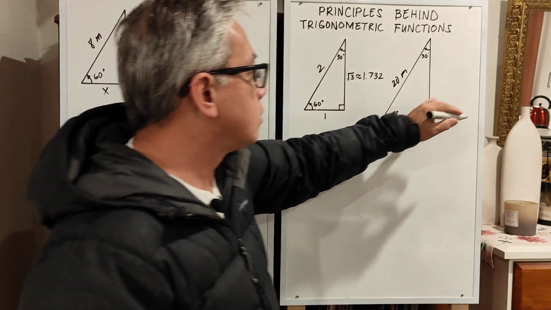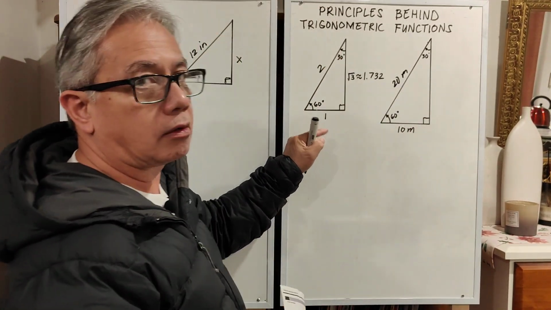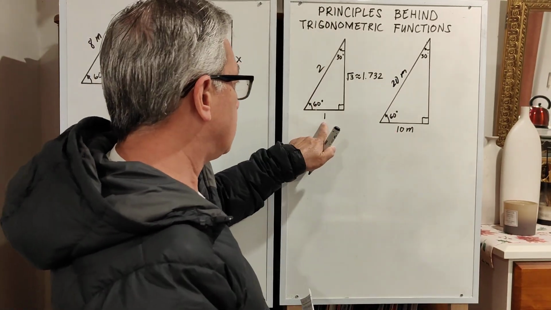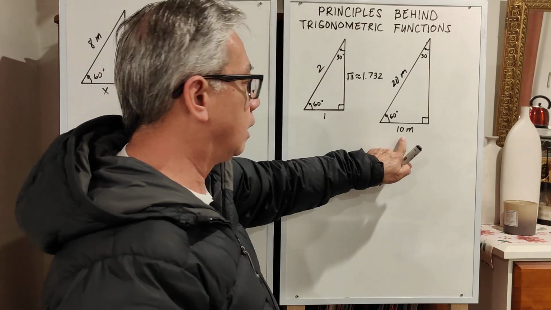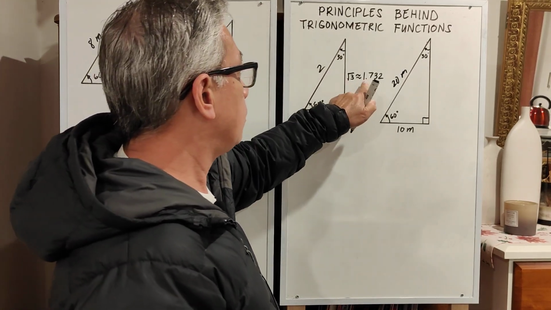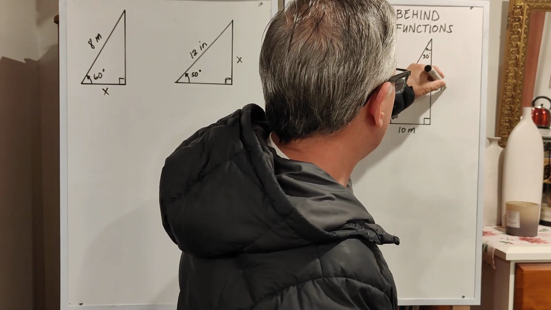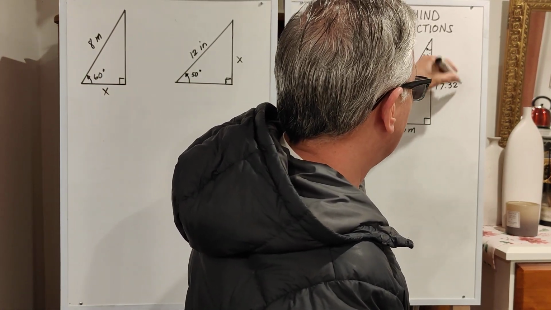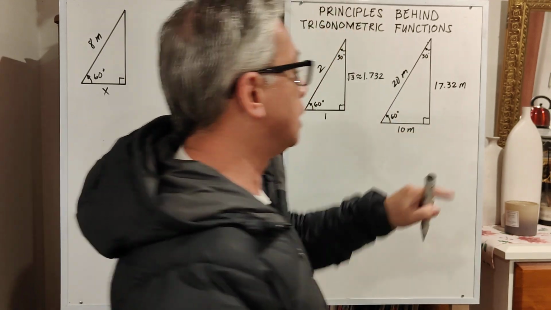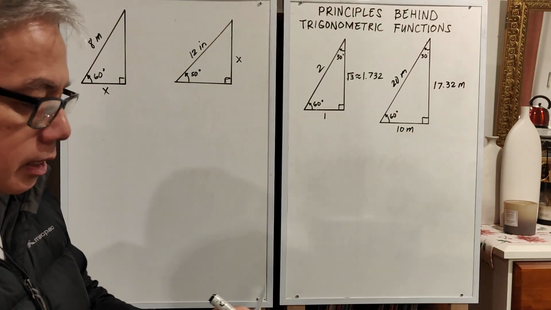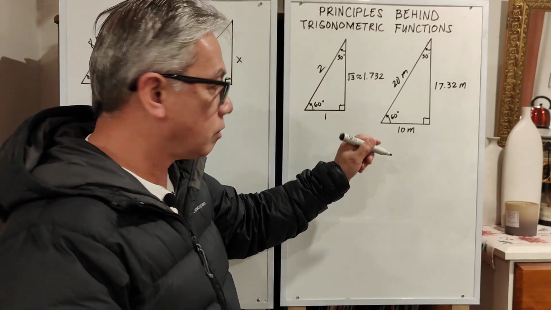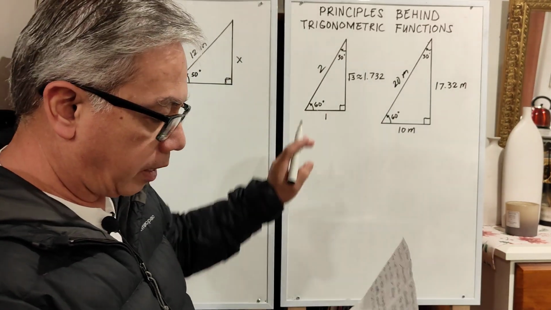Now for this one, if you compare it to here, this one is multiplied by 10 and becomes 10. So we multiply this one by 10 as well. So this becomes 17.32 meters. So that's how you solve for right triangles.